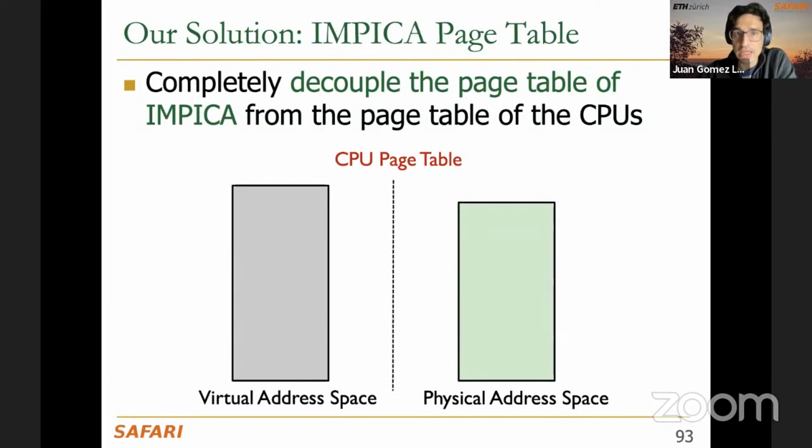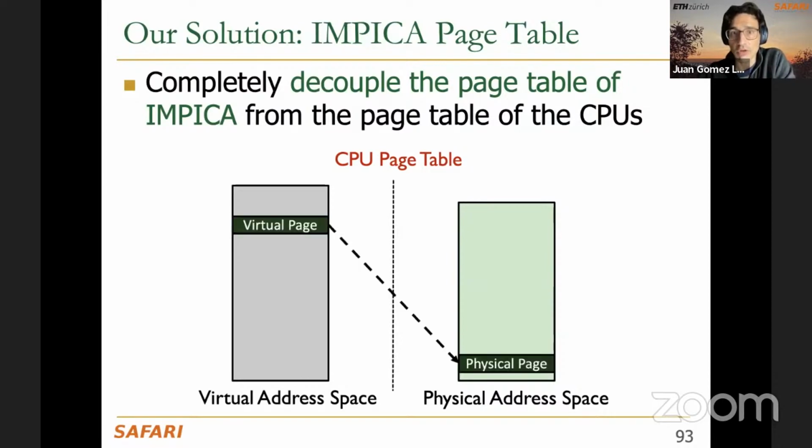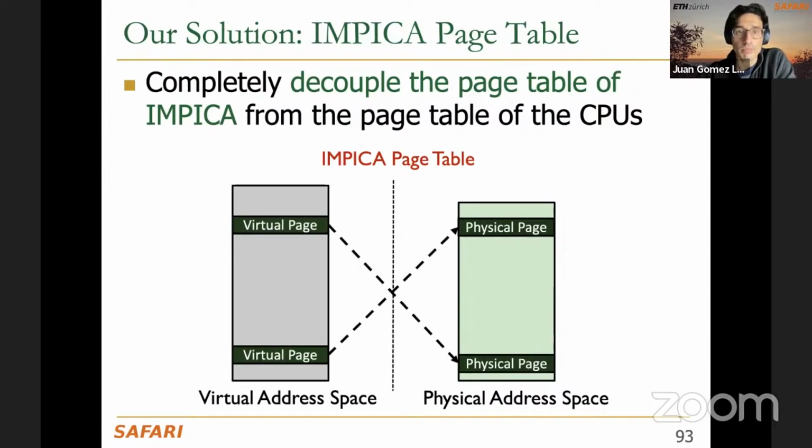So the key idea is to decouple the page table of the in-Pica side of the accelerator from the page table of the CPU, or expressed in a different manner, part of the page table of the CPU is reserved to the processing in memory side, what we call the in-Pica region.